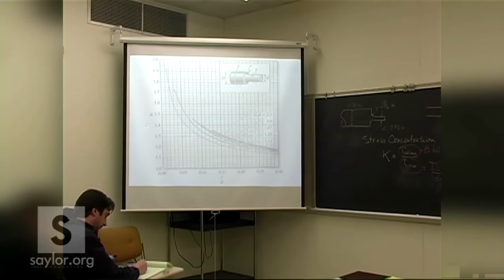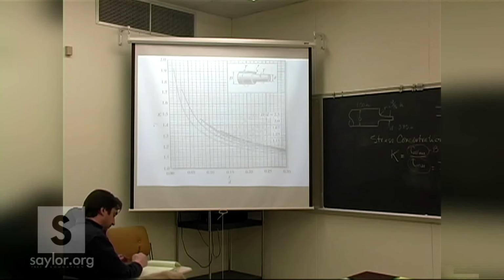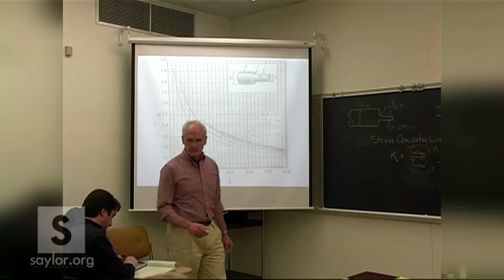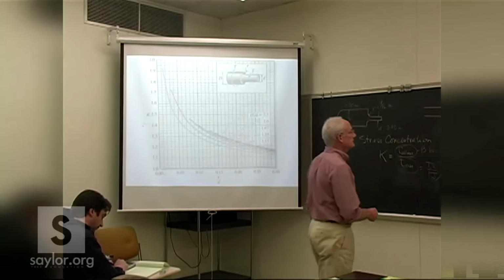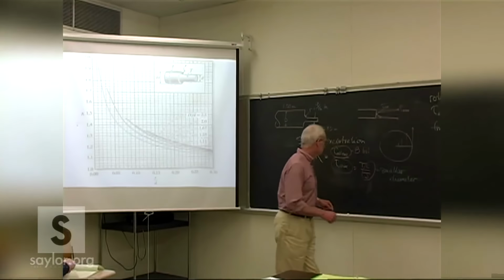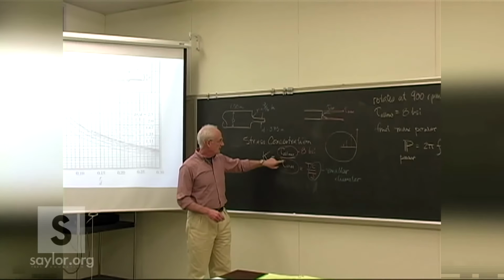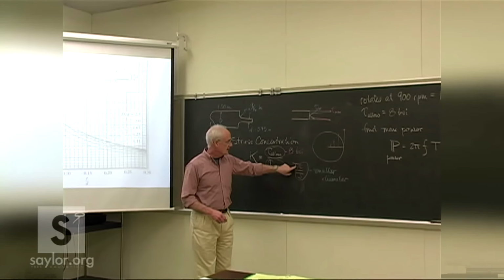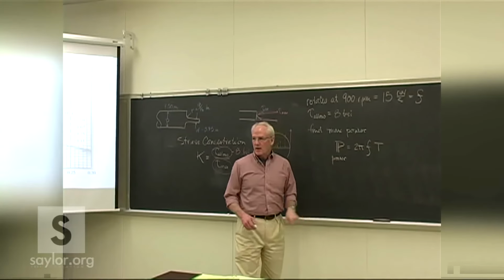And you can imagine in real design situations, there's a lot of these graphs. In fact, they're probably all embedded in design software now. Alright, so find a K, use the allowable limit to find an average stress, use that to find the torsional load, use that to find the power.